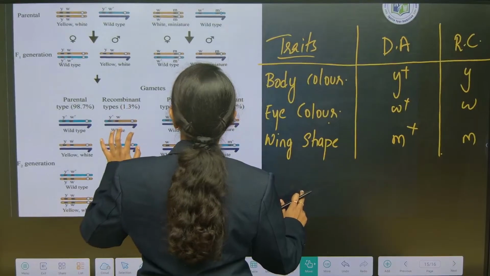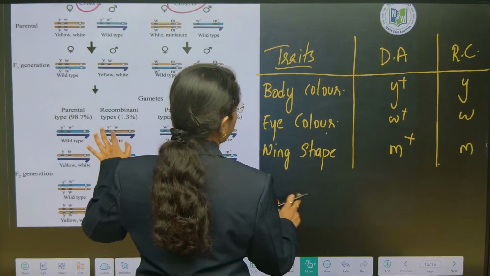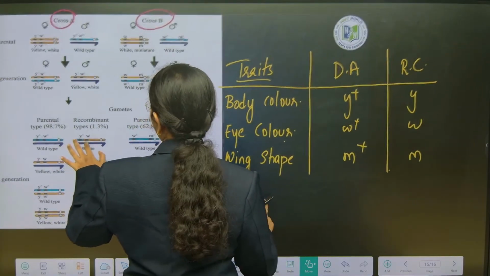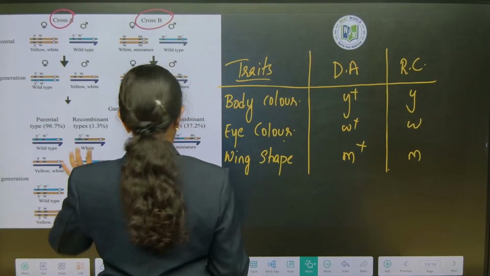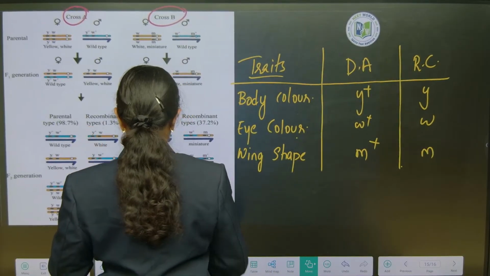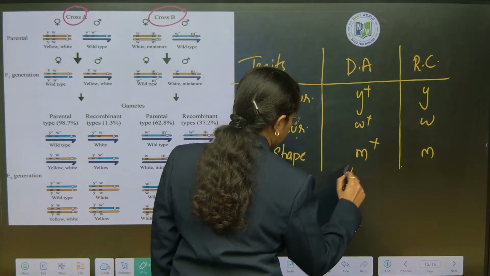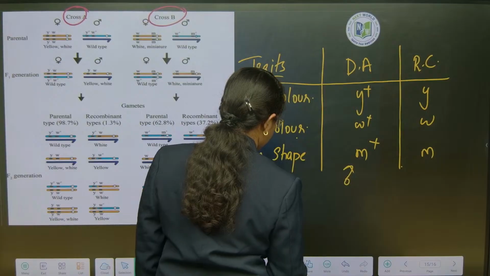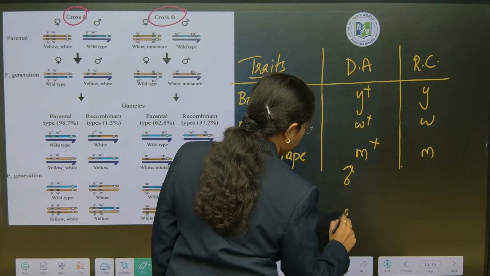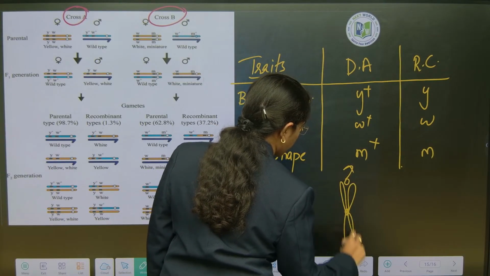here we go. Female and male. He has given all the dominant phenotypes for the female or male only.